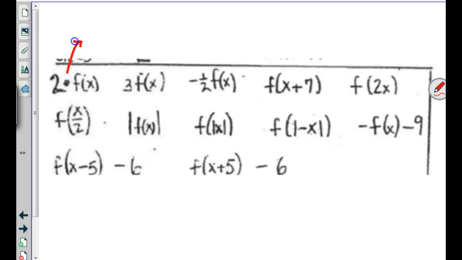What would this do? This is a huge issue. You all need to be able to tell me this. Yes, stretch which way? No. This is 2 times f of x. Sorry. Yes, it's a vertical stretch by 2. What would be changing? Yes, the y's would change, okay?